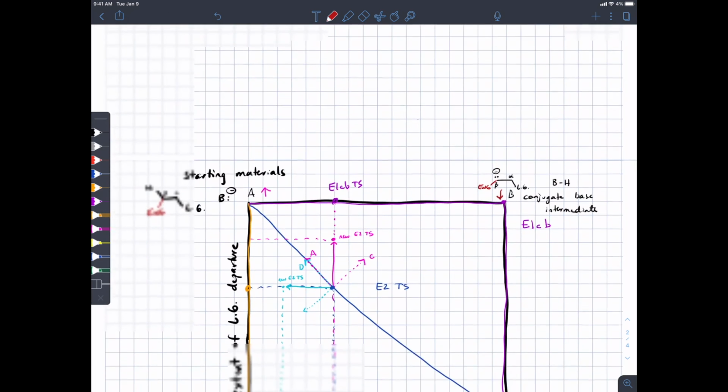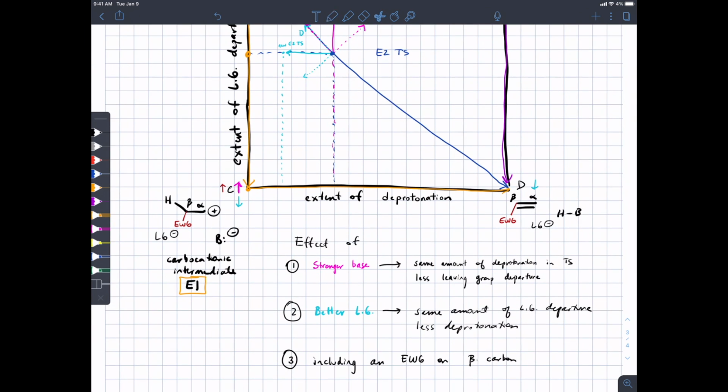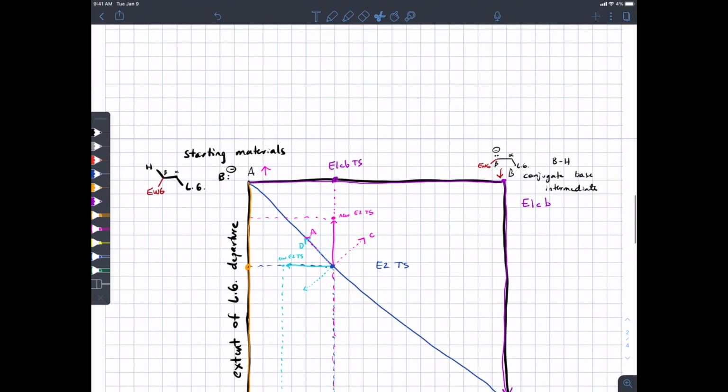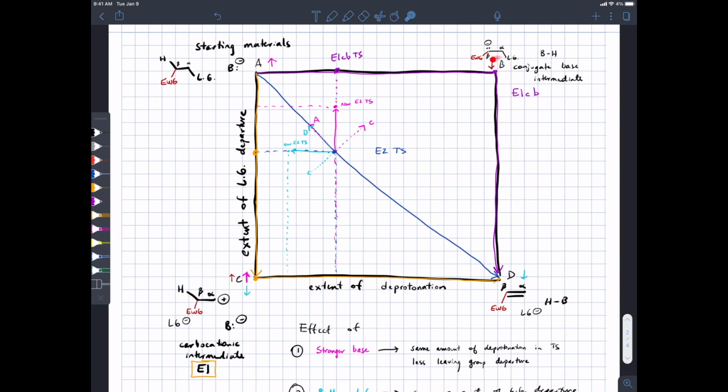So probably adding an electron withdrawing group. Oh no, I'm abandoning our color scheme, which is making me upset. So we're going to simultaneously lower the energy of B and maybe increase the energy of C as well. Again, these off diagonal corners B and C have the effect of a sheet with a marble rolling around in it.